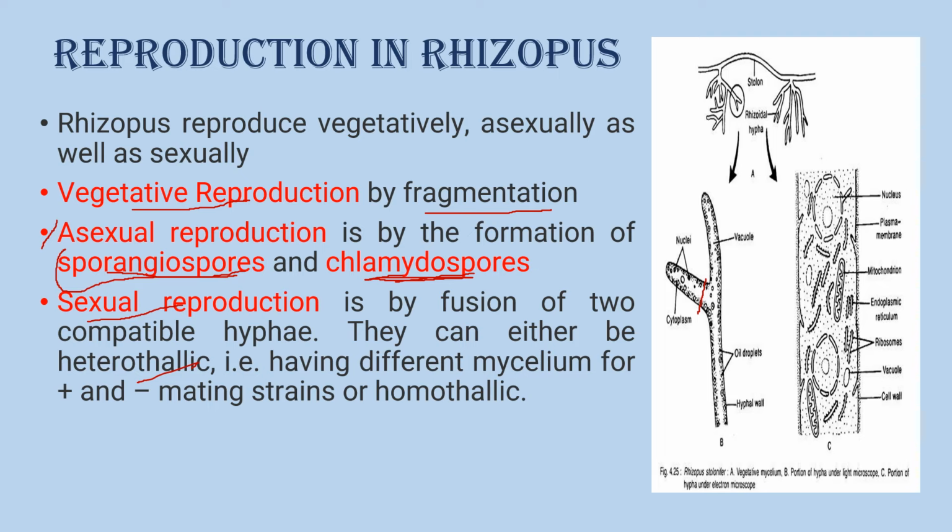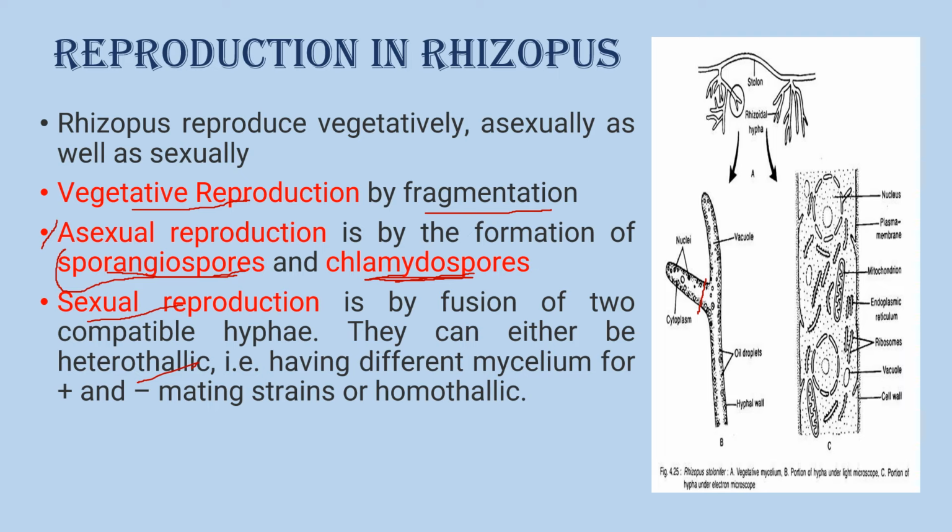Sexual reproduction occurs by gametangial conjugation, where the entire content of the gametangia fuses. This type of gametangium is called an aplanogamete, as there are no motile spores, and the aplanogamete is just a mass of sporangia.